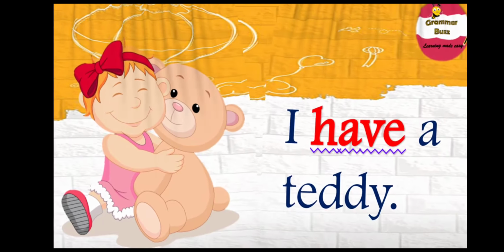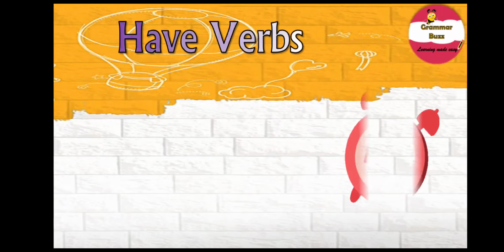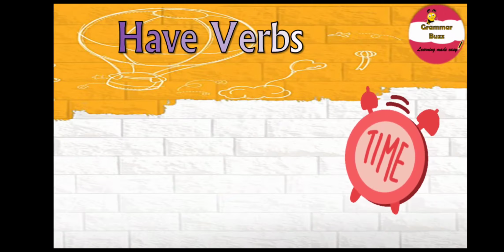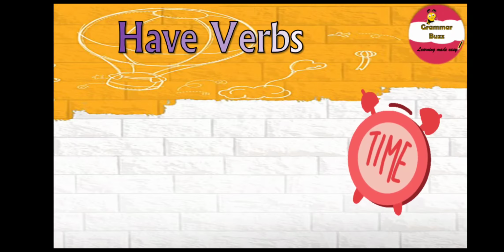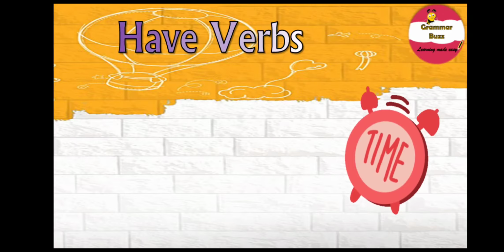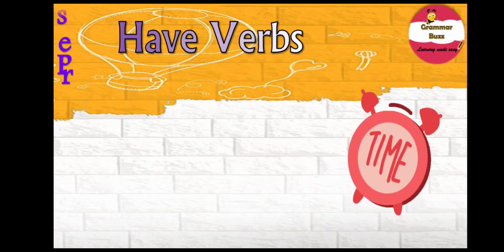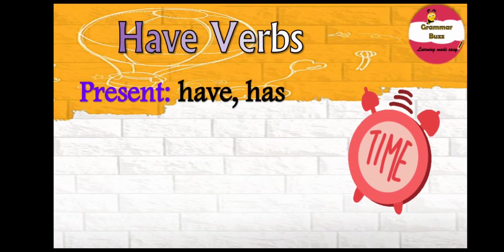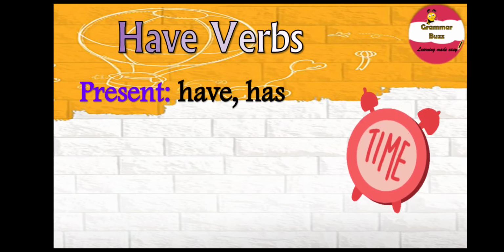Okay, time for some interesting facts. I'm about to share some interesting facts about have verbs with you. You see, have verbs tell us about time period. That is, they tell us about present, past and future. Have and has are used to tell us about the present time, that is, what is happening now.